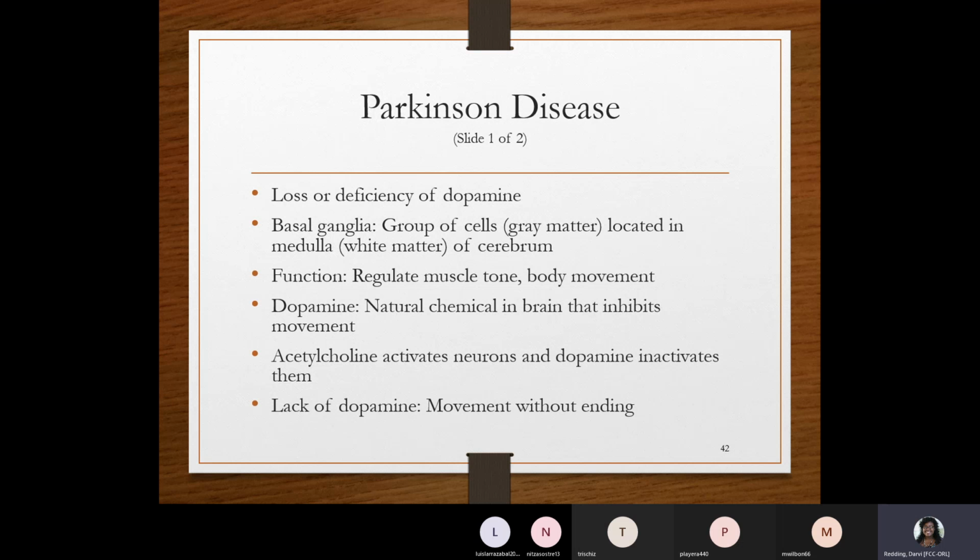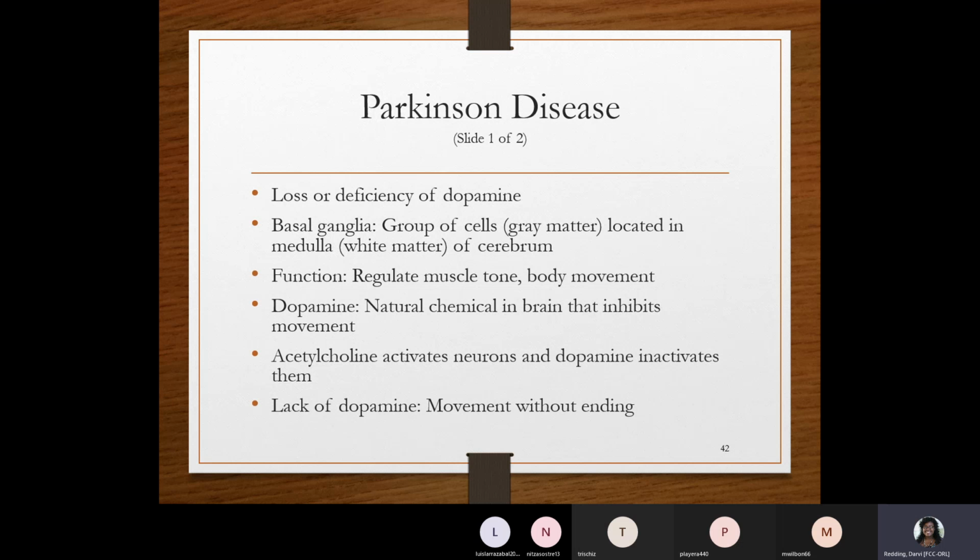Now, to give you a visual of what Parkinson's disease looks like, you may remember famous actor Michael J. Fox. He suffers from Parkinson's disease. Another person who suffered from Parkinson's disease was the great Muhammad Ali.